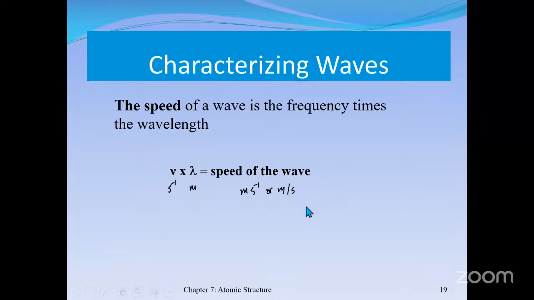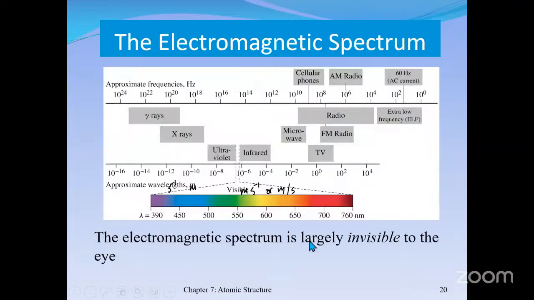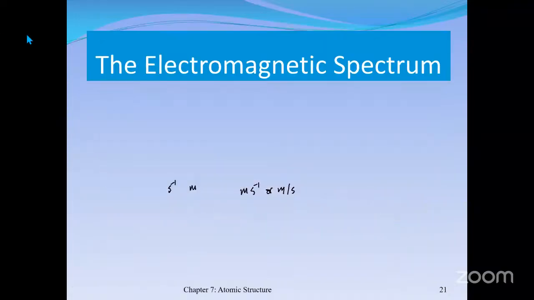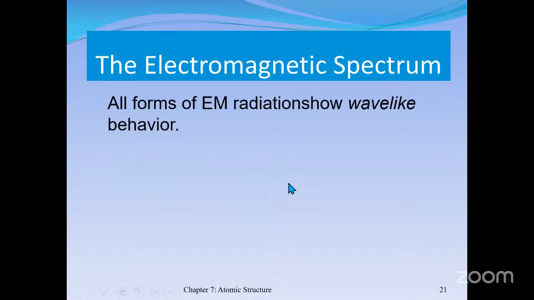Okay. So that's the relationship between those two, which will become important as well when it comes to electromagnetic radiation. In fact, I think I have the slides out of order, so I apologize for that. Let me move on to the next slide, because the next slide is a statement about electromagnetic radiation.